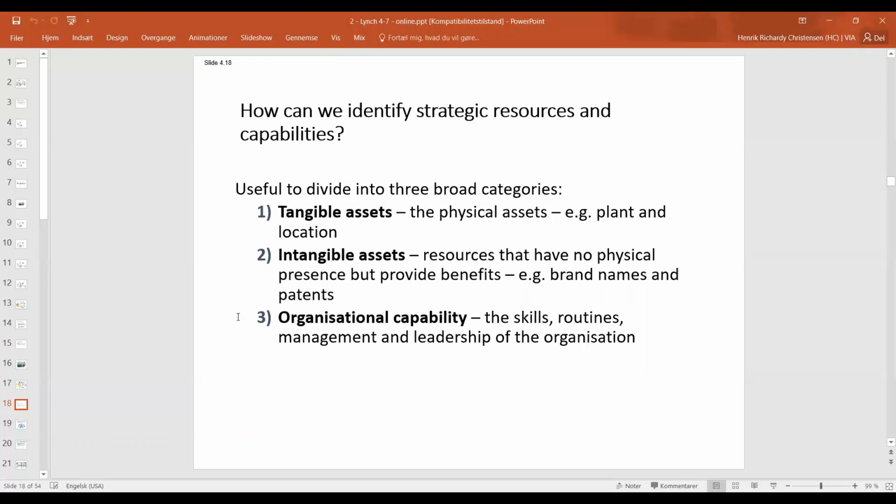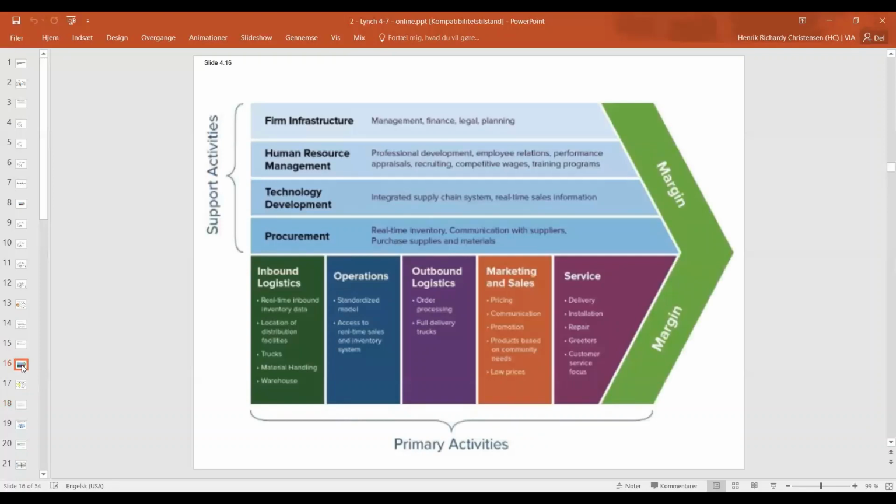What we can do then, and just remember we have tangible, intangible, and capabilities, I'll go back to the slide about the value chain. If we look at operations, within operations we will find that we have tangible resources, intangible resources, and capabilities.